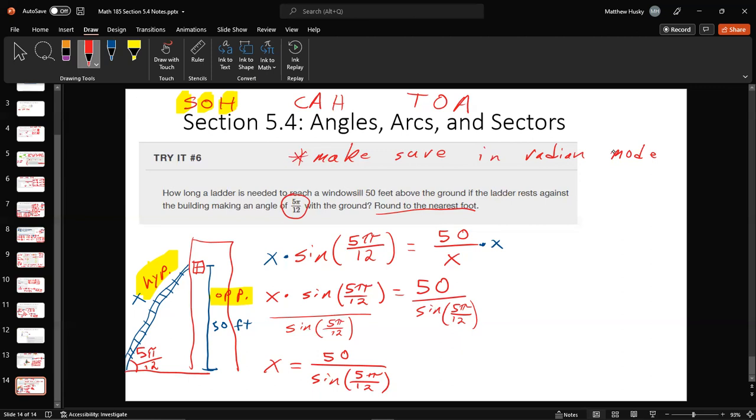Let's see here. So let's find out what that is. And again, I'm going to work it out in radians, but even if you do it in degrees, the decimal it gives you should be exactly the same. What that works out to be is 0.9659. So x is going to approximately equal 50 divided by 0.9659.